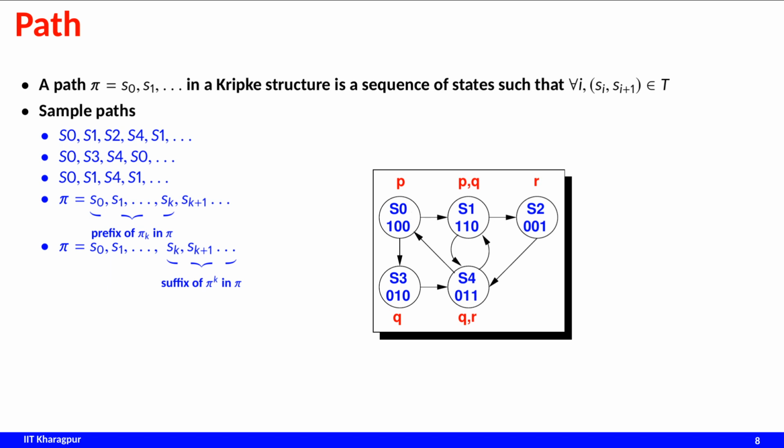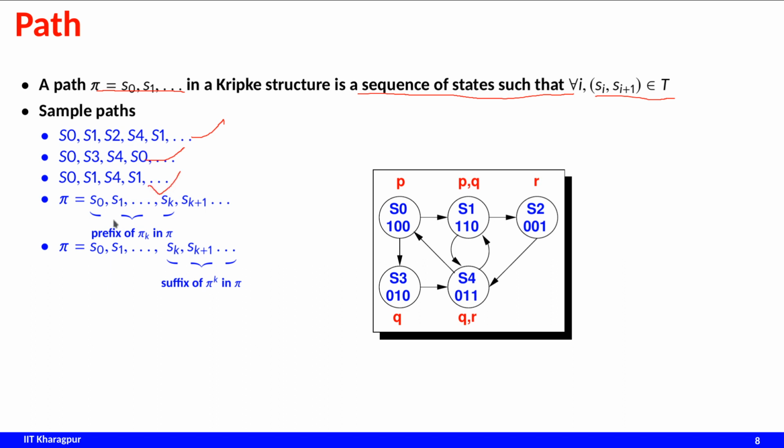And when I'm looking across the states, that means I'm basically extracting some path from my Kripke structure. A path in a Kripke structure is a sequence of states such that from Si to Si plus 1 there should be some transition. So given this diagram, I can say this is one path, maybe this is another path, this is another path, and so on and so forth.